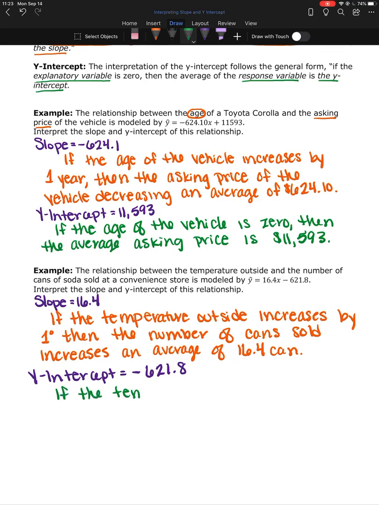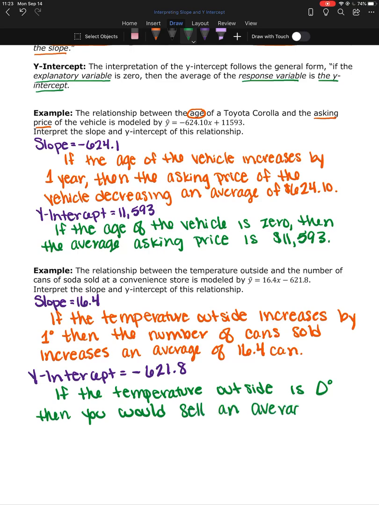So for this one, if the temperature outside is 0 degrees, then you would sell an average of negative 621.8 cans of soda.